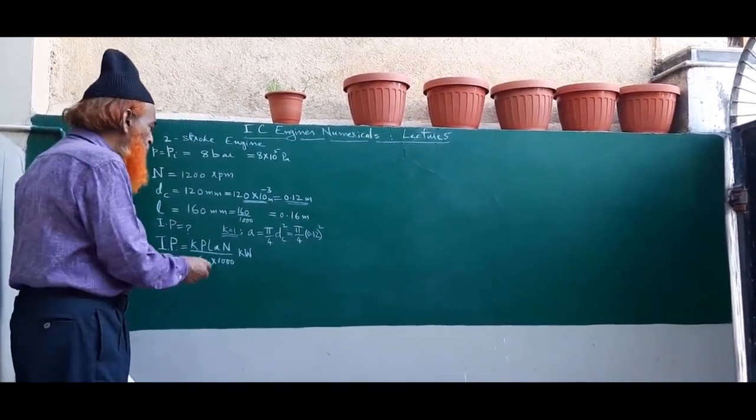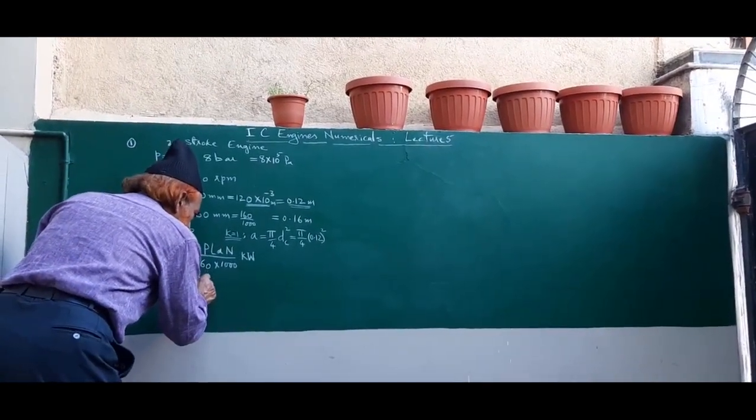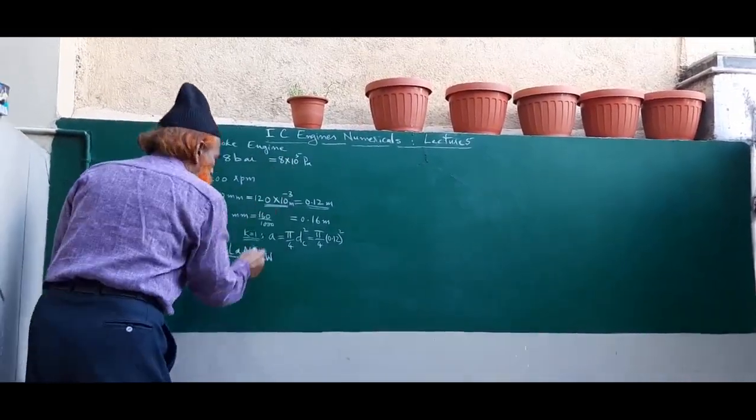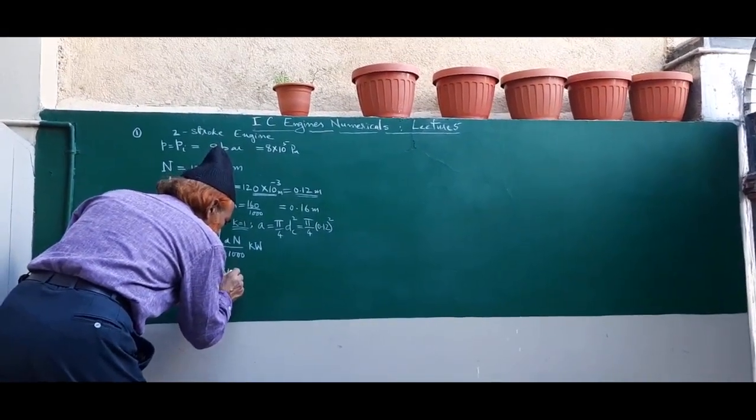Okay, therefore now substituting all these values, K is 1 and P is 8 bar, which in SI units is 8 into 10 to power 5 Pascal.